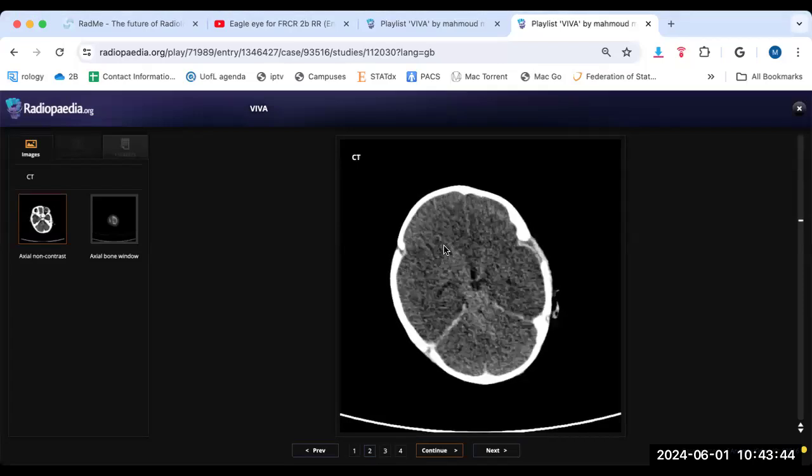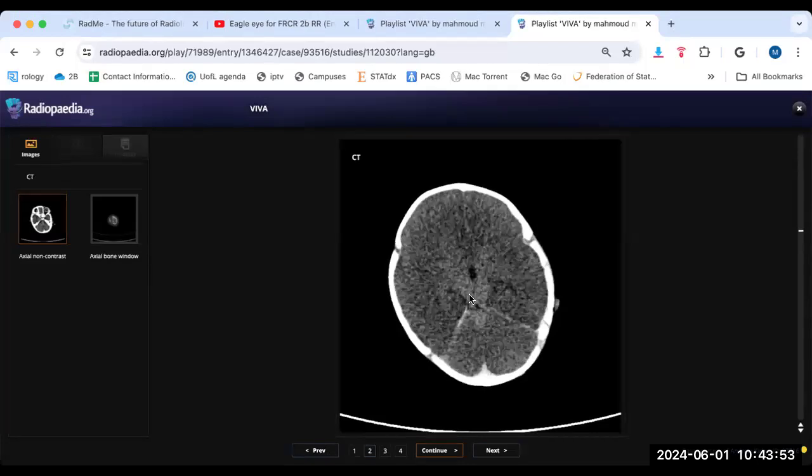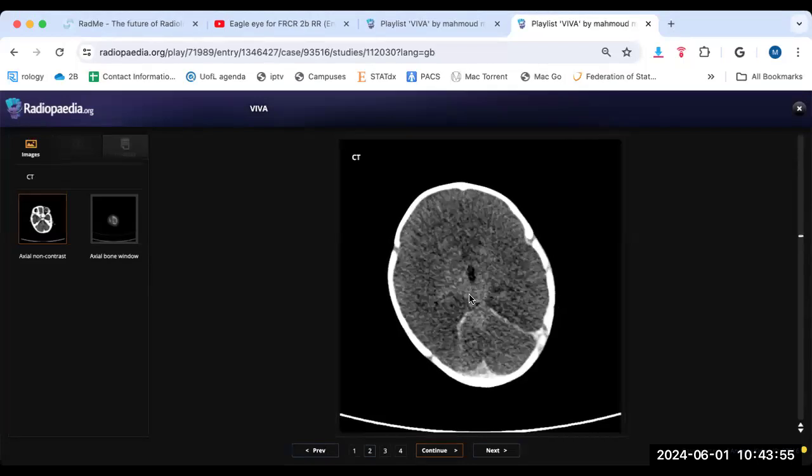This is at the level of the inferior sagittal sinus. No, the sinuses are okay. Also between the supratentorium and infratentorium, the midbrain.